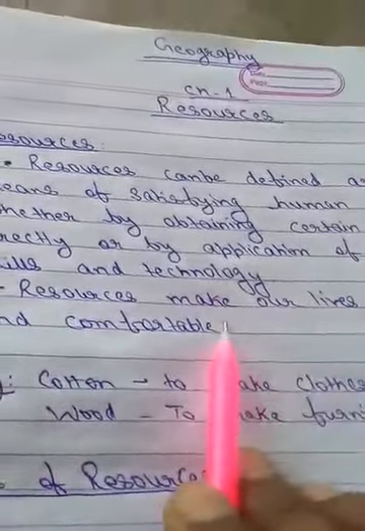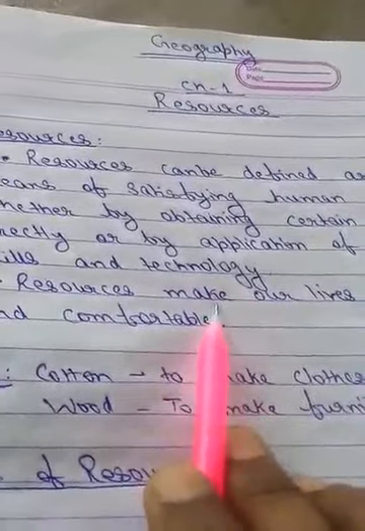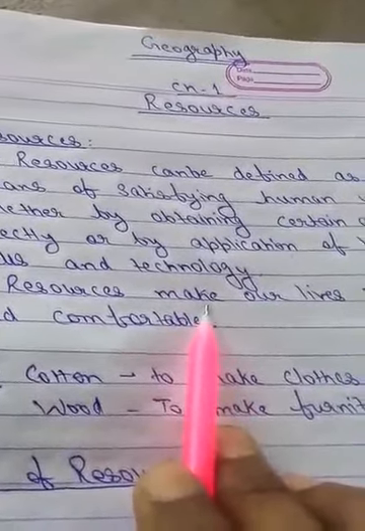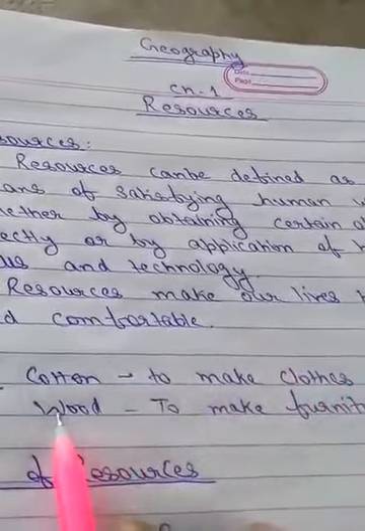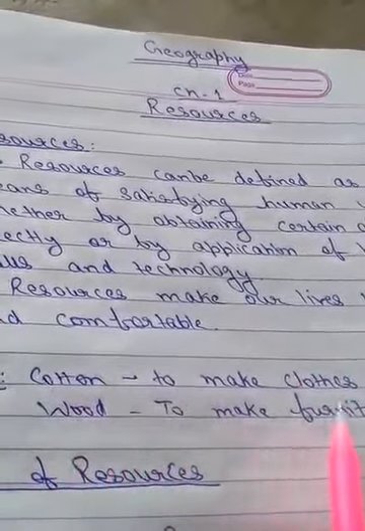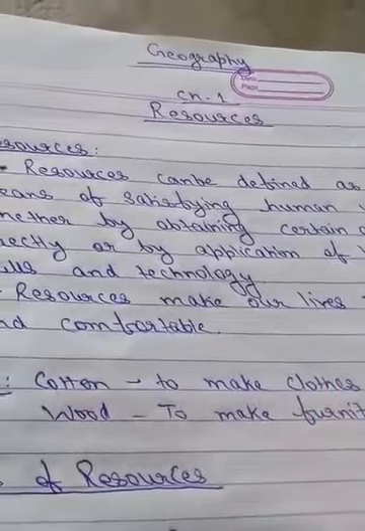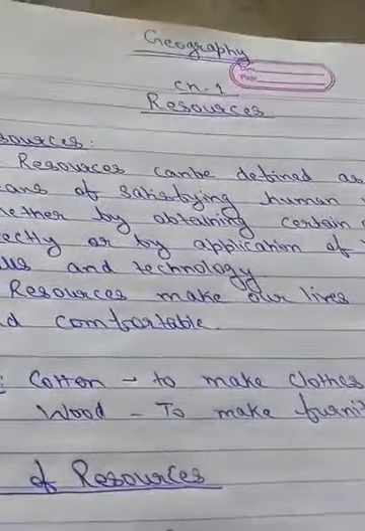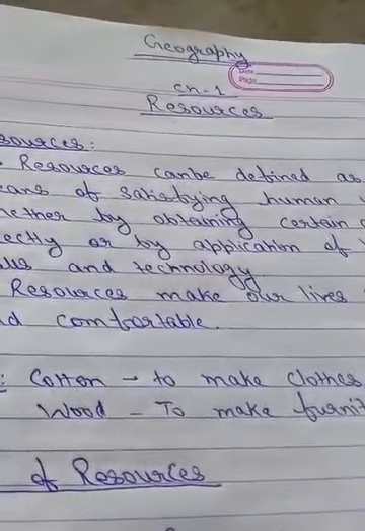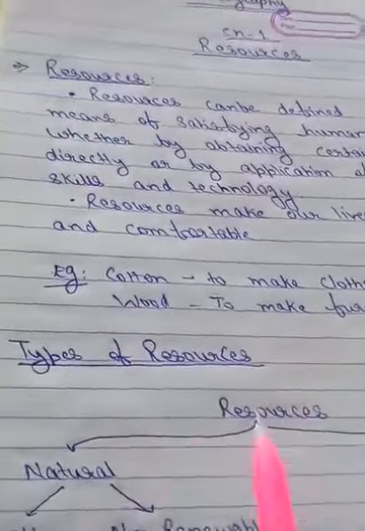For example, cotton to make our clothes, and by the use of wood we make furniture, table, chair, and a lot of things.